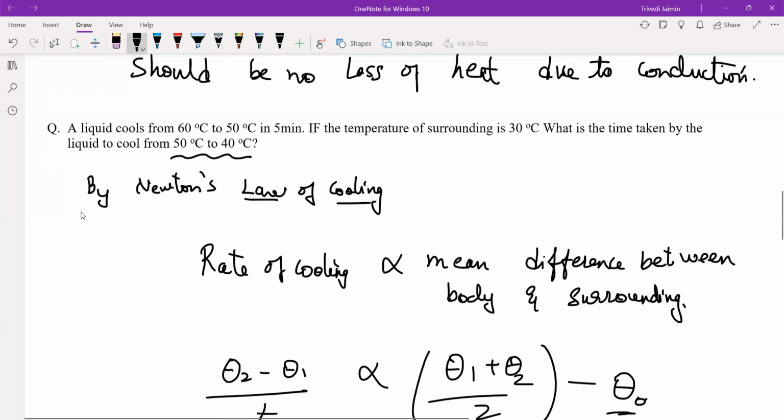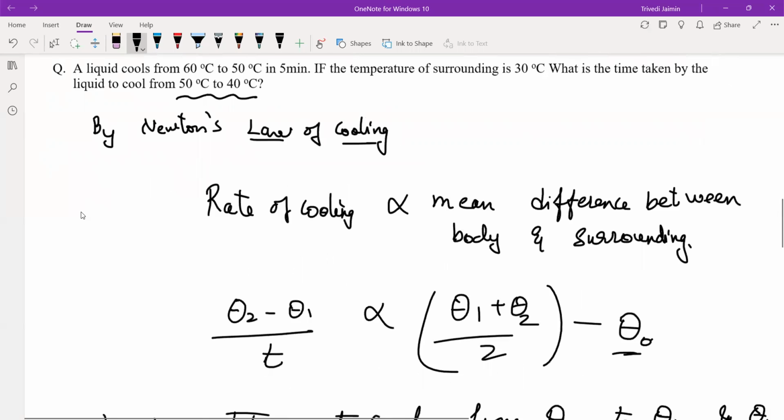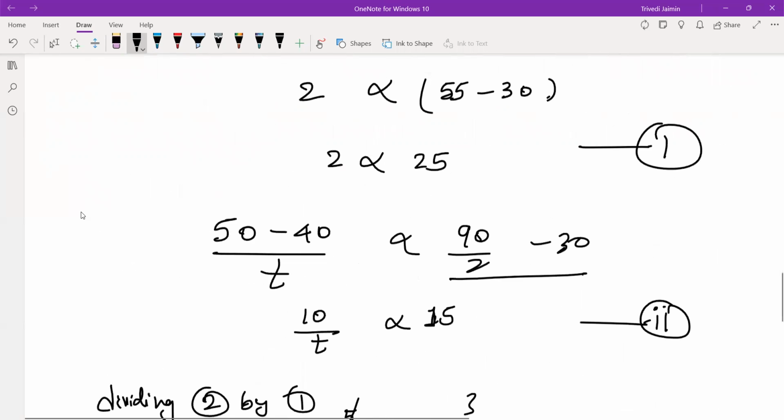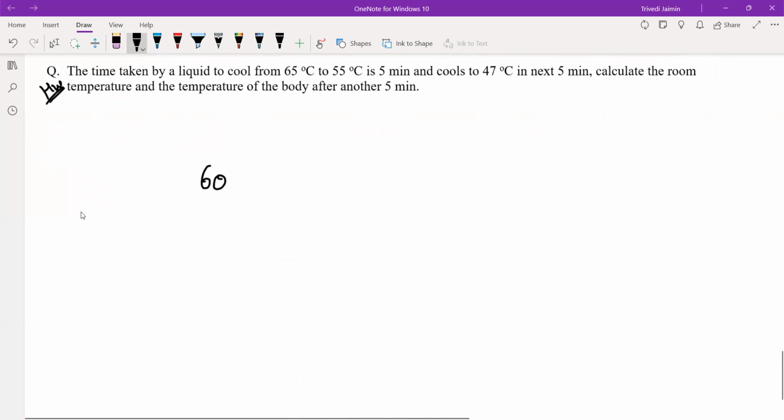By Newton's law of cooling, the rate of cooling is proportional to the difference, and all these things. You have to write those things. Yes, I'm writing directly here.